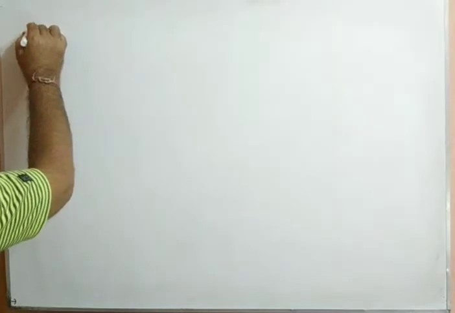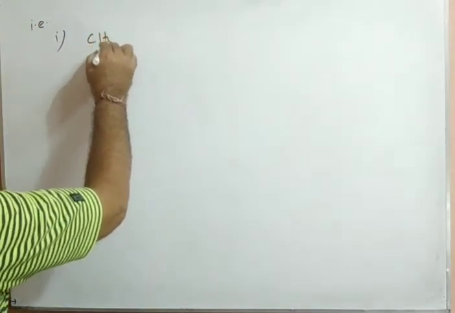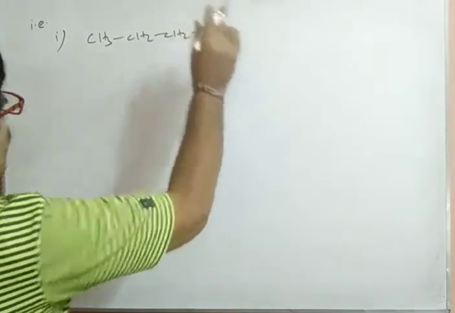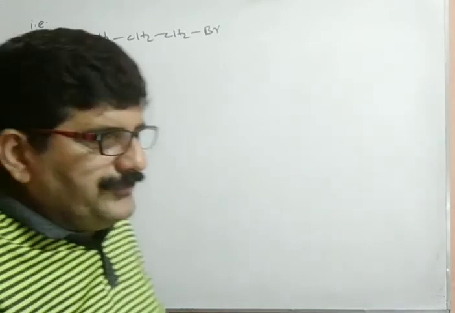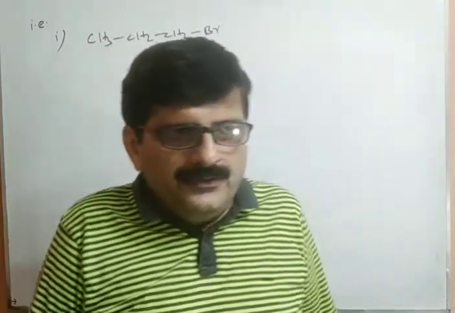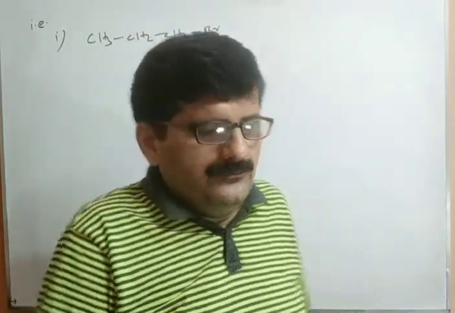Our first example is very simple. In this example, first we consider the longest continuous carbon chain including the halogen atom. The halogen atom always goes to the minimum position.